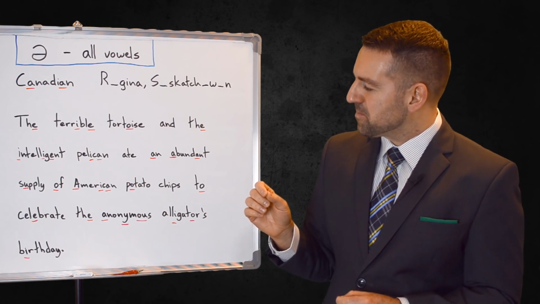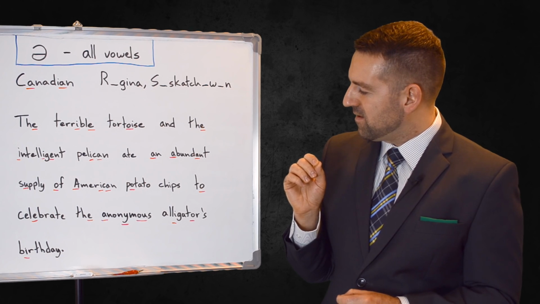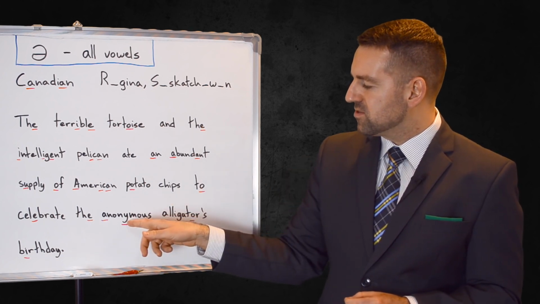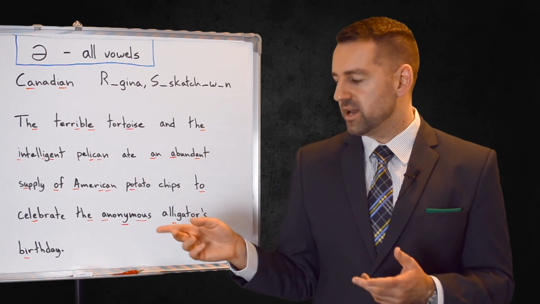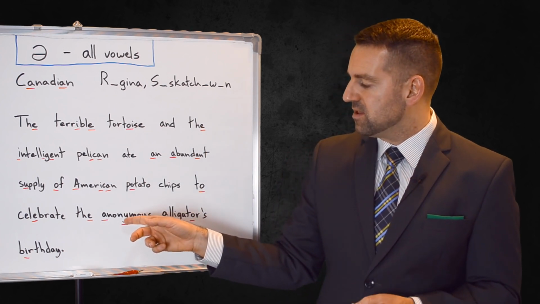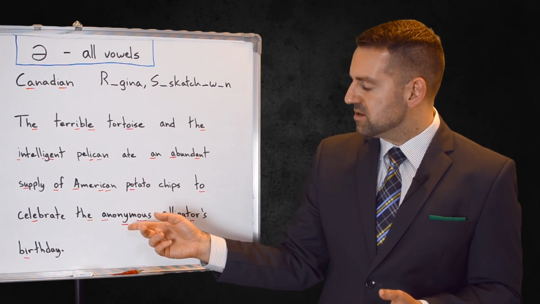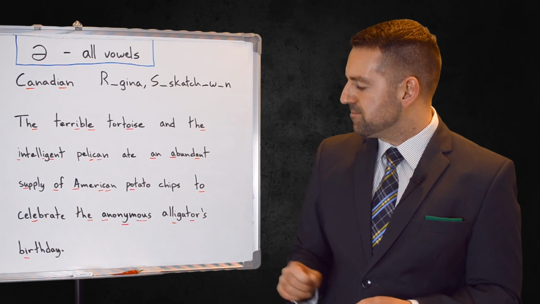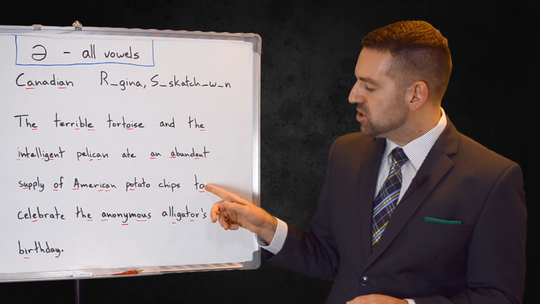Okay, what else was I going to say? Oh yeah, the Y. Sometimes Y can be a vowel sound. Sometimes Y works as a vowel as well, like in this word, anonymous. And also, you can see here the "to".